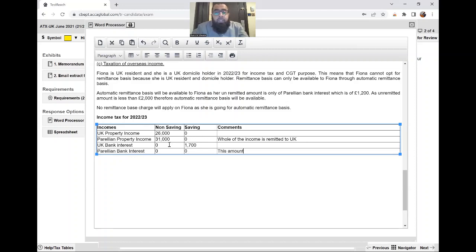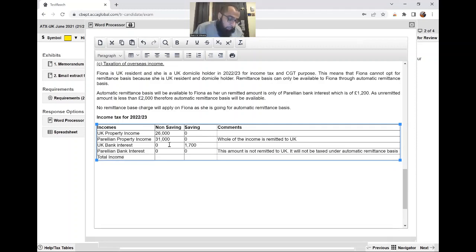This amount is not remitted to UK. Okay, so there will be no tax. It will not be taxed under automatic remittance basis.